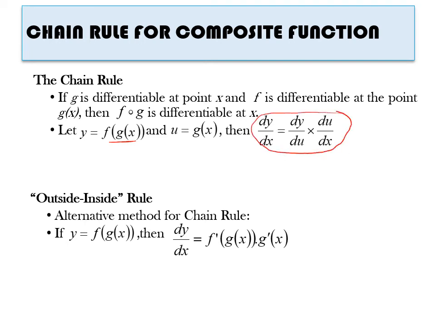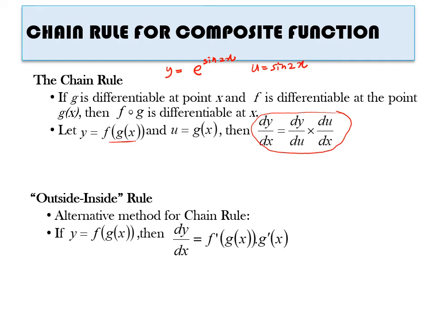For example, maybe you have y equal to e power sine 2x. In the exponent function, we have sine 2x as the inside function. So here u is equal to sine 2x.